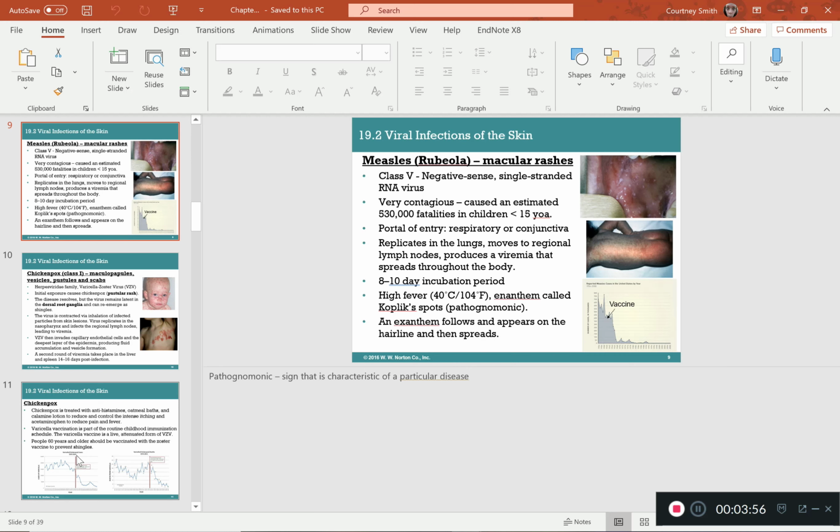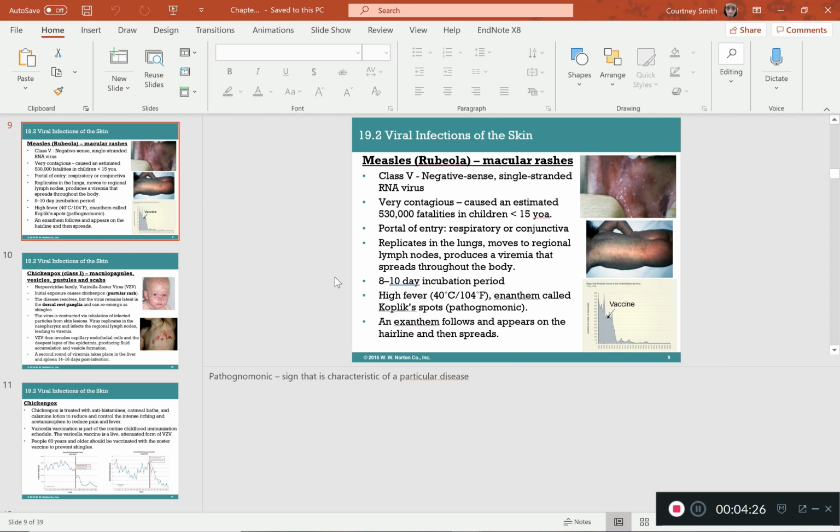It does produce a full body rash, as you can see, but it can also produce a rash on the mucous membranes, known as Koplik spots, those little white dots that you can find in the back of your throat. So just know the general presentation of rubella.